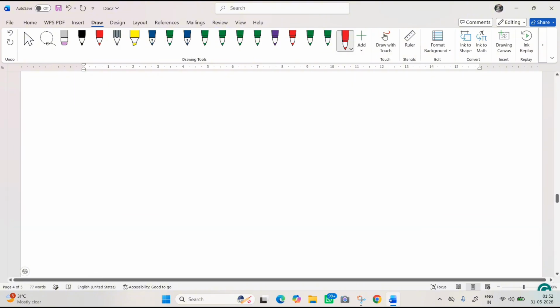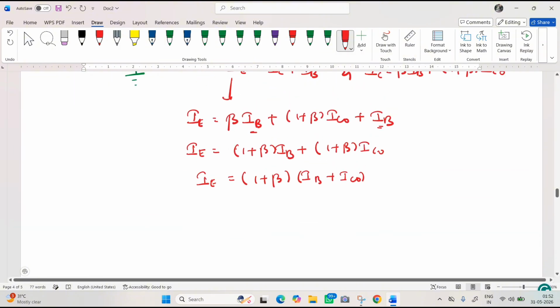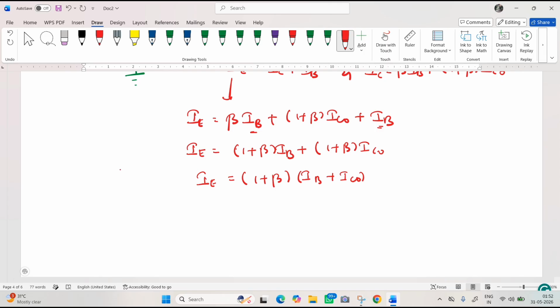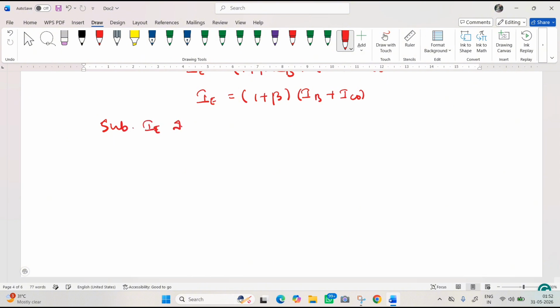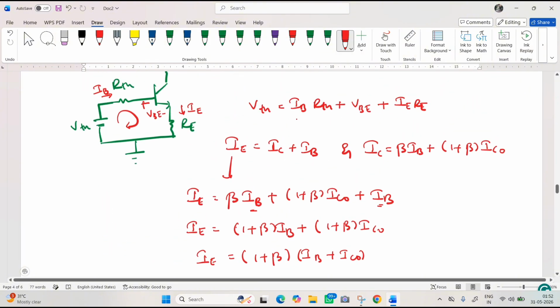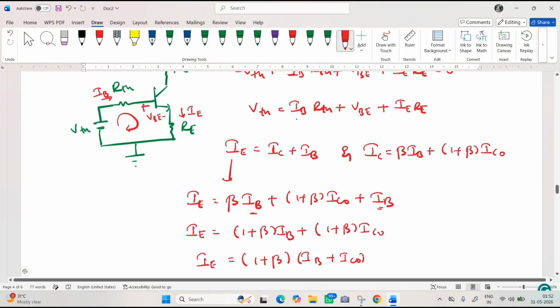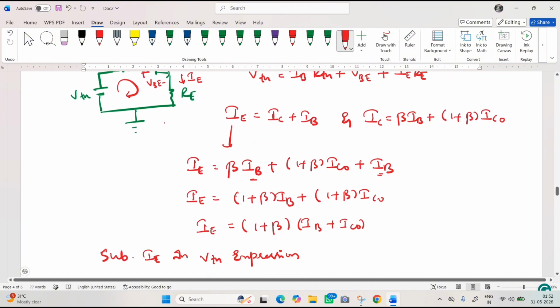Now what we do, substitute this IE expression in VThevenin's expression. Or we can also give some equation names. Otherwise, leave it. This VThevenin will be equal to IB into RThevenin.